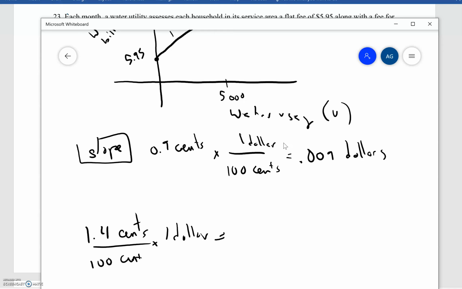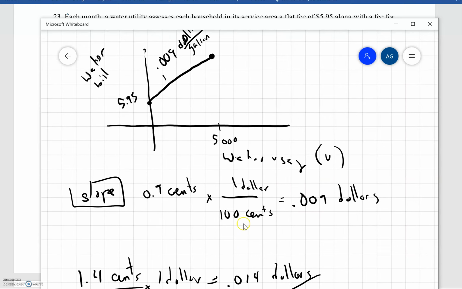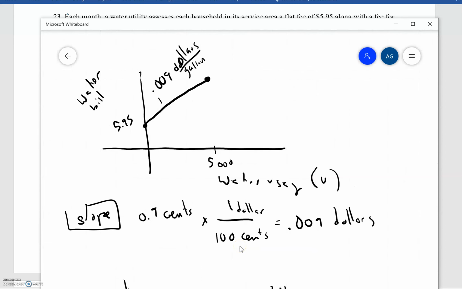And so that's going to be, notice that I just moved my decimal place over 2, so that's what this is going to be. It's going to be $0.014 per gallon. And that's going to be my next slope. So it's going to look something, a slightly steeper line.